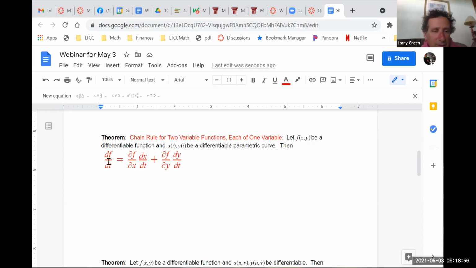And here's the big theorem. It says df over dt, notice it's not del, because f is a function of the single variable t, df over dt equals del f over del x times dx over dt plus del f over del y times dy over dt. Any questions on the big theorem?